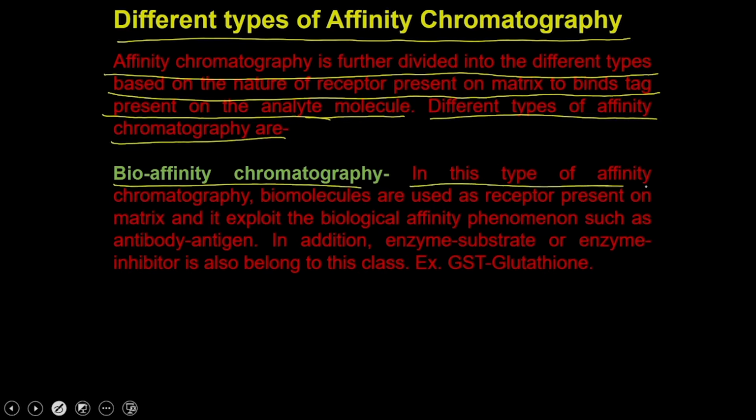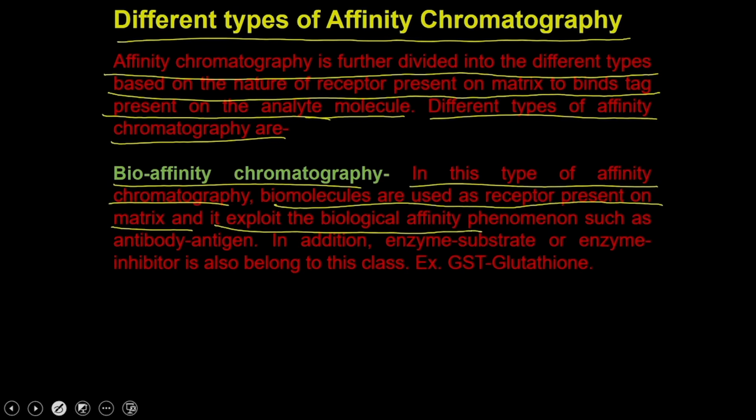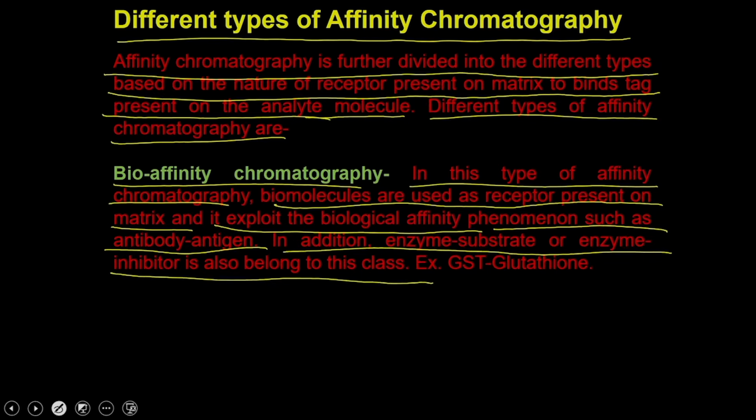In this type of affinity chromatography, biomolecules are used as the receptor present on the matrix, and it exploits biological affinity phenomena such as antibody and antigen. Okay. In addition, the enzyme substrates or enzyme inhibitors also belong to this class, for example, GST and glutathione.